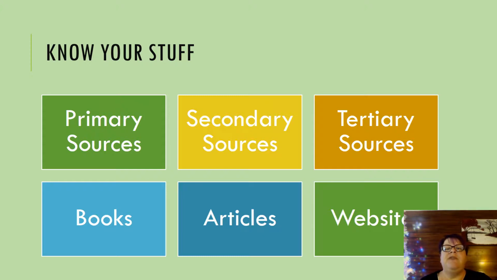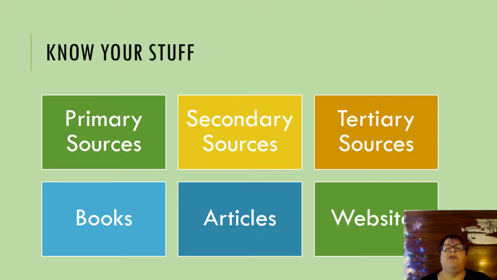Let's get some definitions of key terms related to information literacy. A primary source is an original work. So when we research a poem, for example, the poem itself is considered a primary source, where an article written about that poem by a literary expert is called a secondary source.